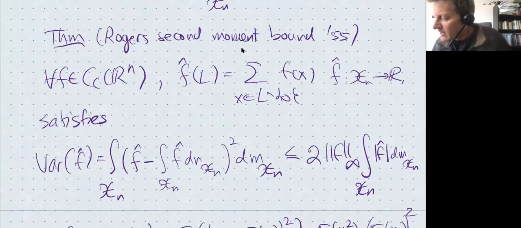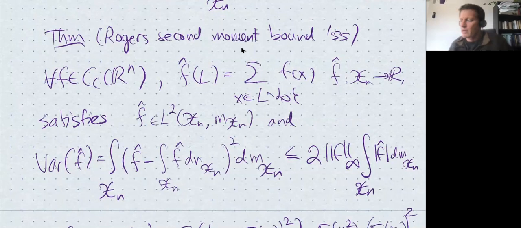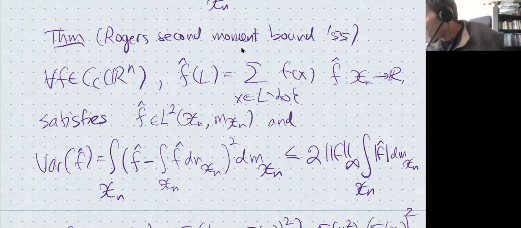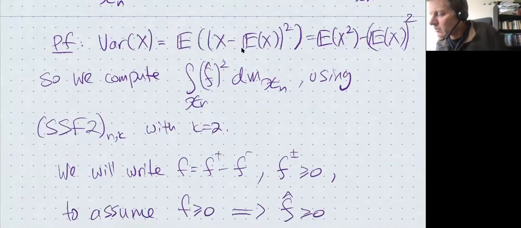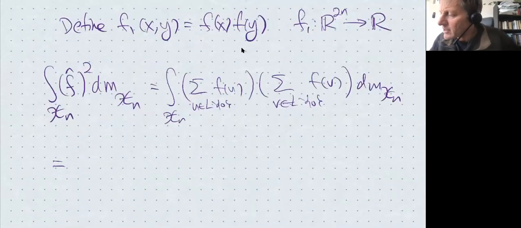So let's just add to the statement that f hat is in L2, and we have this bound. This is what I want to discuss the proof of. All right, same issue.